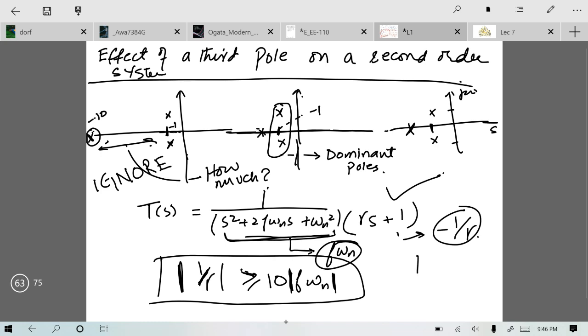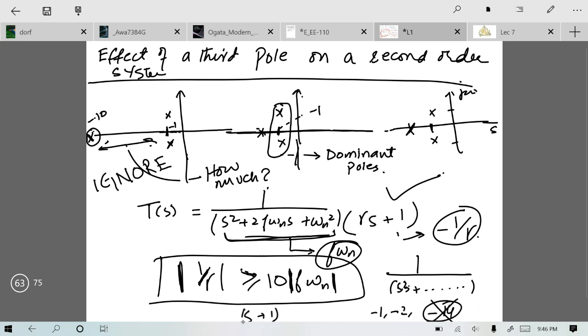So if you are given a system S cube plus something, a third order system, and you find the roots of this characteristic equation, and these are minus 1, minus 2, and minus 14, then forget about this minus 14.